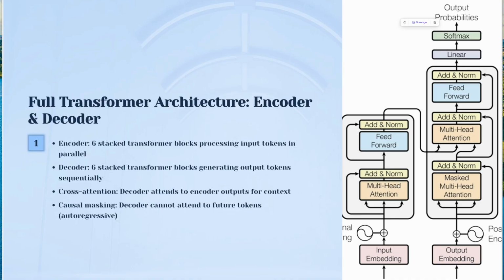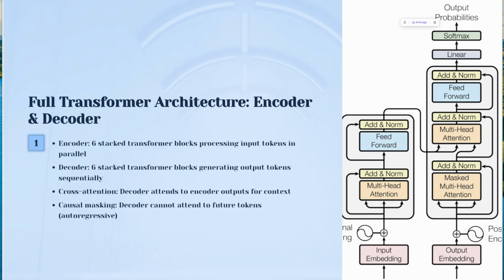It only looks at tokens to its left, the previous tokens. In other words, when predicting the next word, the model is only allowed to look at previously generated tokens and never the future ones. This is what people mean when they call decoders autoregressive models.